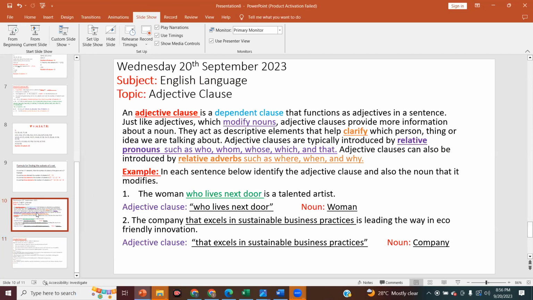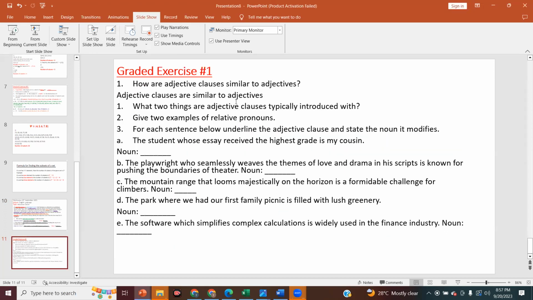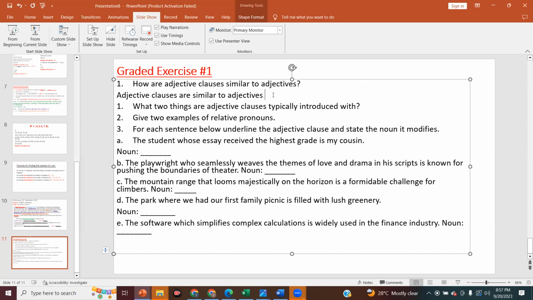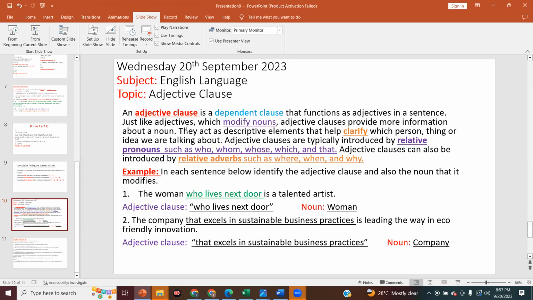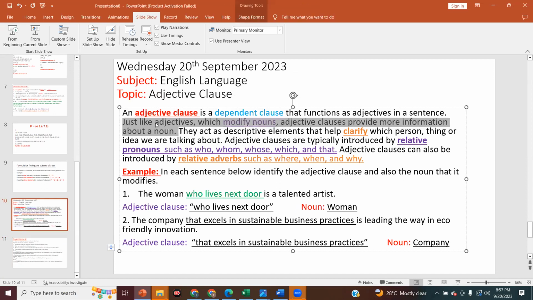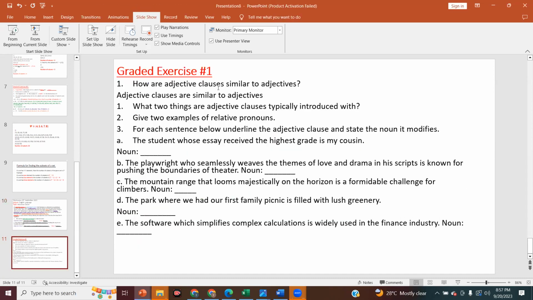Let's see. What does the note say? They function just like adjectives, they modify nouns. We could say, I think the best answer is, just like adjectives which modify nouns.